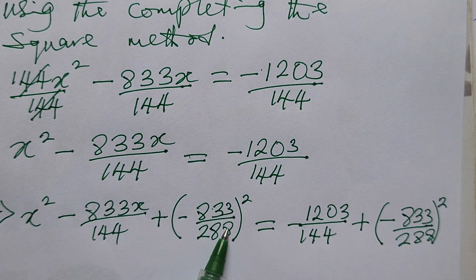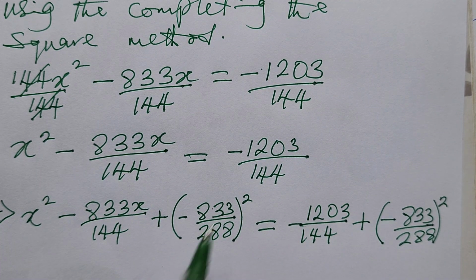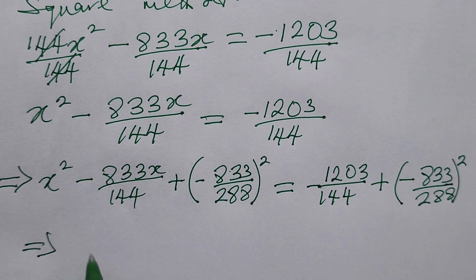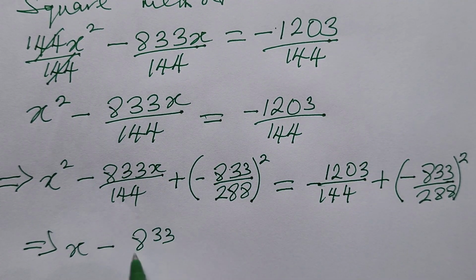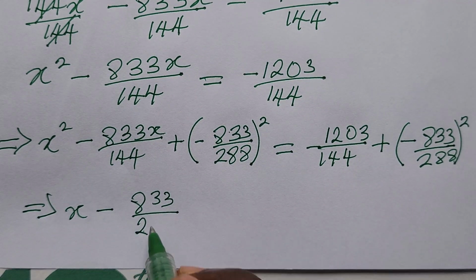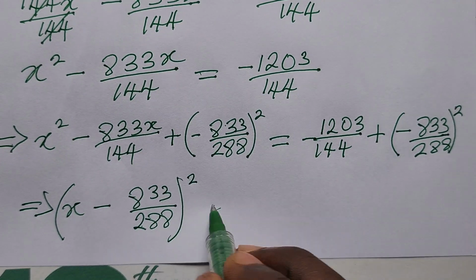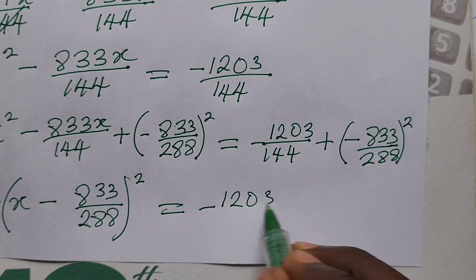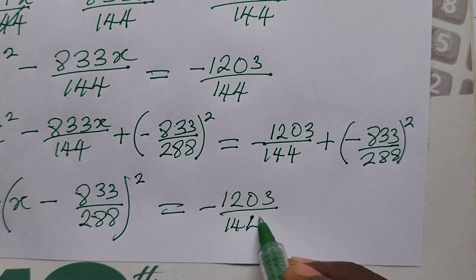Immediately you introduce this will leave the system. This is to the power of 2, this is to the power of 2. So we can bring these two together. So this now implies our x minus 833 all over 288 all to the power of 2. This is equal to minus 1203 all over 144, right?